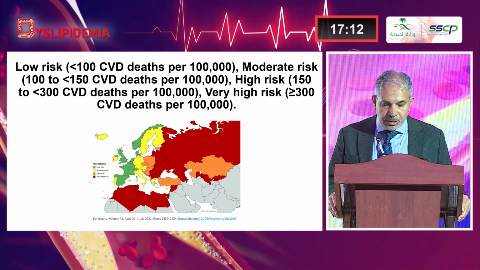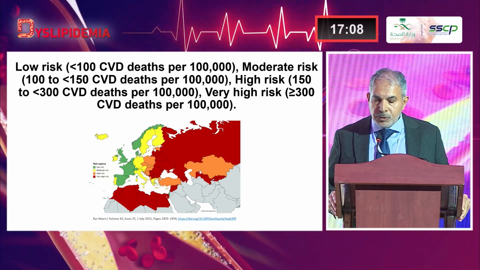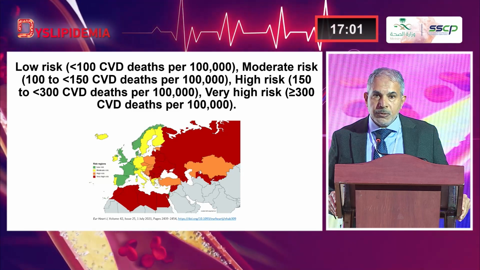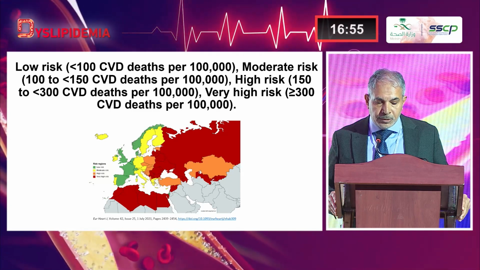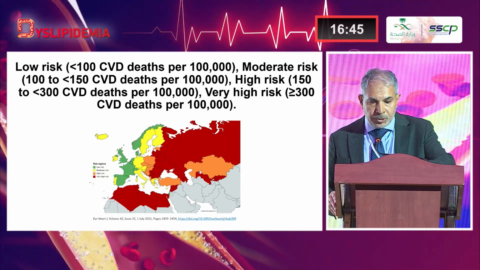Moderate risk, displayed in yellow, is associated with 100 to less than 150 CV deaths per 100,000. High-risk areas are associated with mortalities between 150 and less than 300, and the very high-risk areas are associated with 300 or more CV deaths per 100,000 of population.